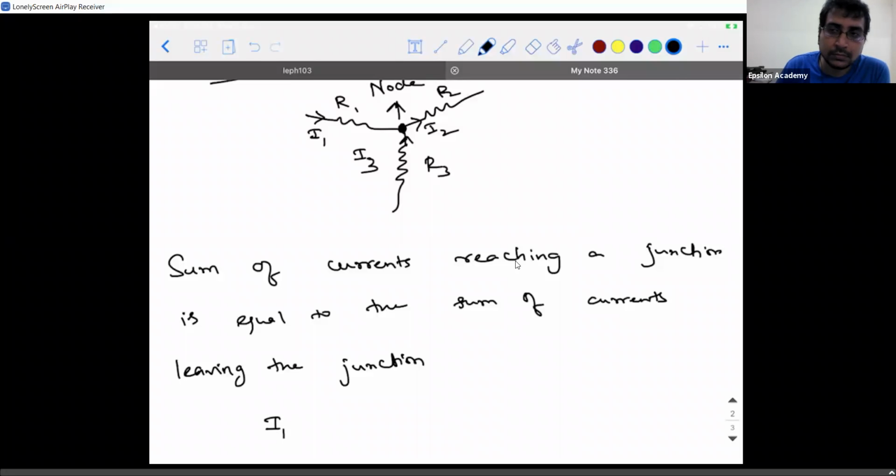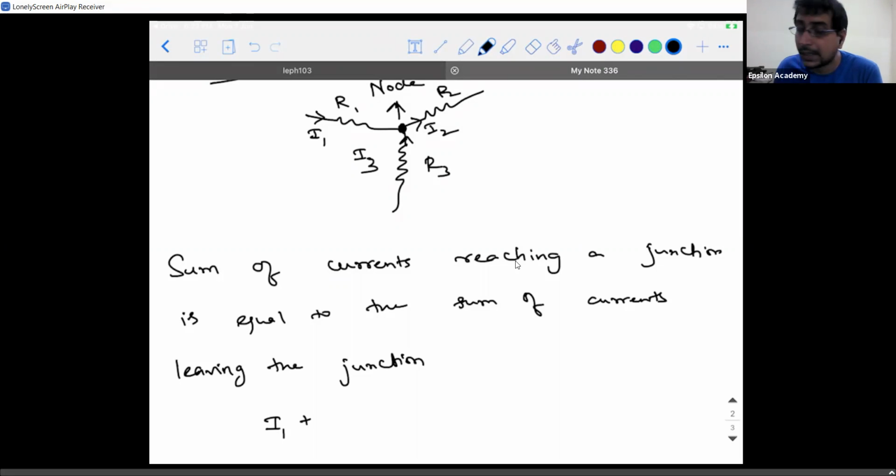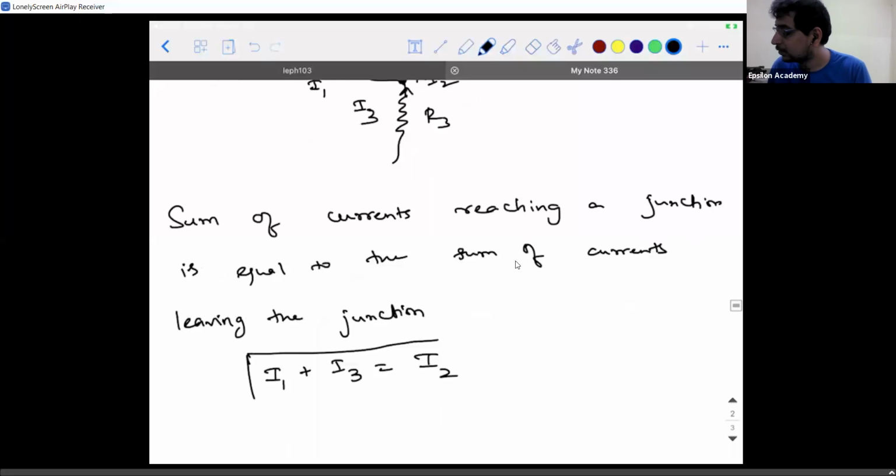I1 plus I3 is equal to I2... That's right. Because I1 and I3 are reaching the junction and I2 is leaving the junction. So sum of the currents reaching the junction is equal to the sum of currents leaving the junction. I hope you guys understood. This is what is called Kirchhoff's current law.